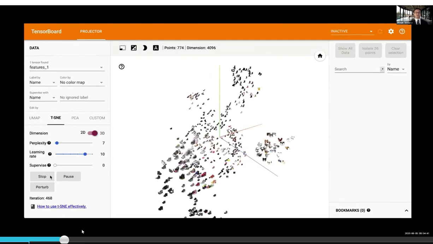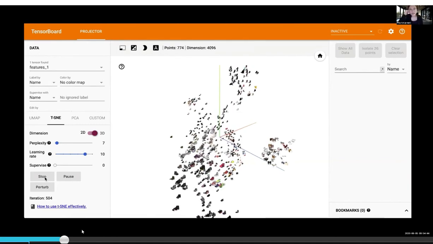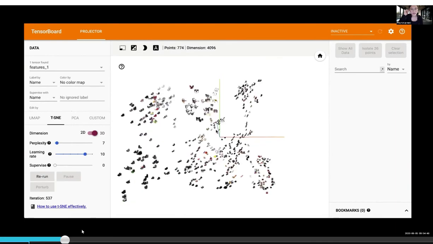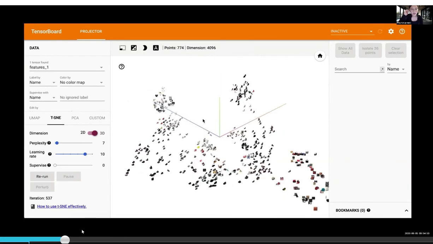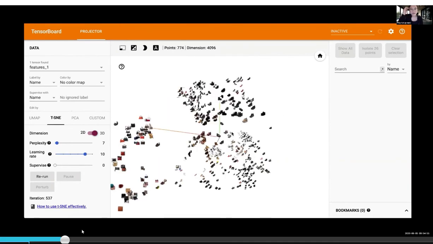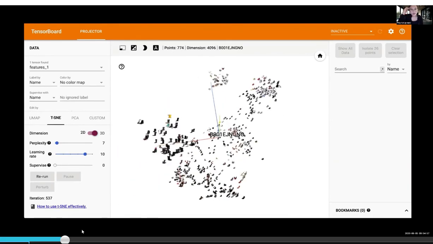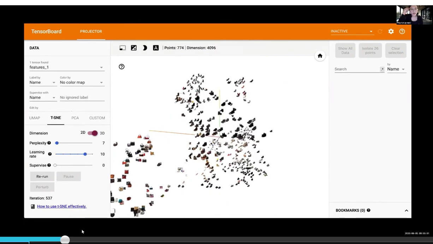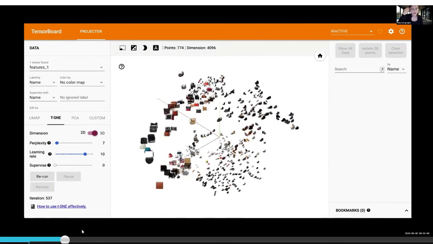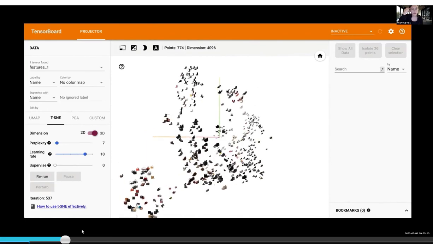We can see there are sunglasses clustered together, and boots and bags are clustered in one cluster, and some high heels and some sneakers are in the same cluster. We can also set different parameters on the left side. You can see there is the learning rate, supervised learning rate.